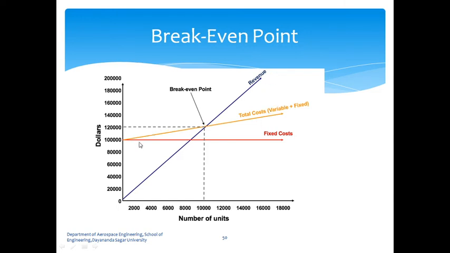So this is called the break-even point, and this is the payback period. Suppose the time it takes for you to produce 10,000 units, that is the kind of payback period. After the payback period only you will get the returns. And at the same time your product should be sustainable during that time.